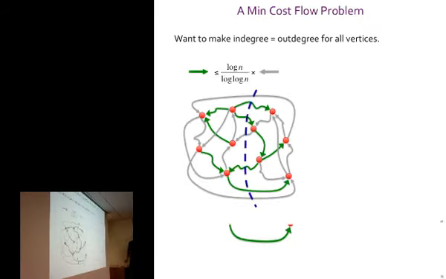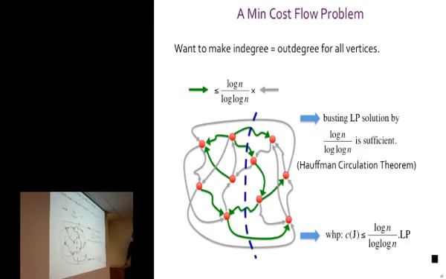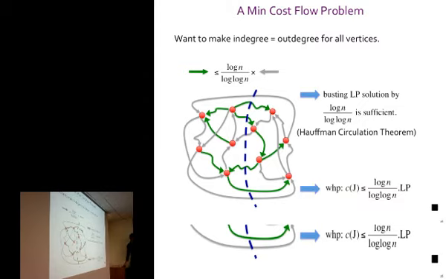Okay, so good. Let me conclude. When you run this flow problem on this graph, the green edges are integral, right? And the gray edges may be fractional. And so when you say you're boosting the flow solution, the LP solution. Now I'm confused because we were solving a flow problem here. So I don't know what you mean by LP solution.